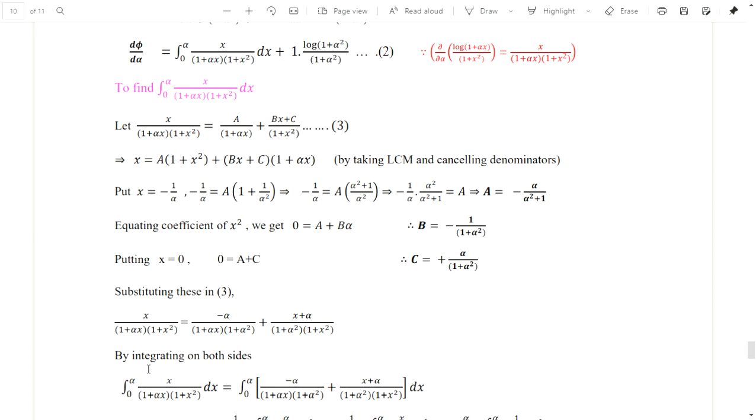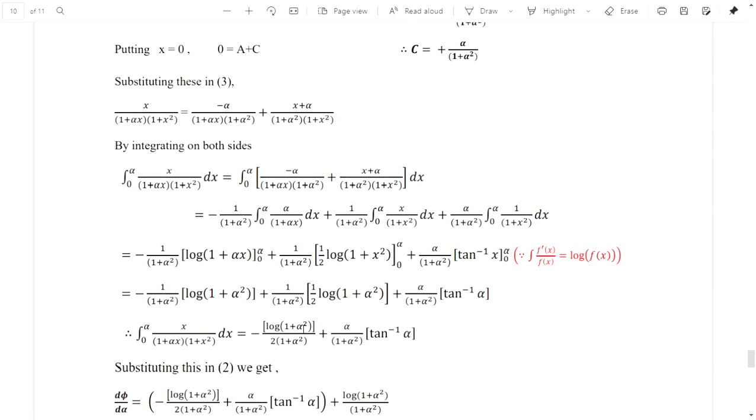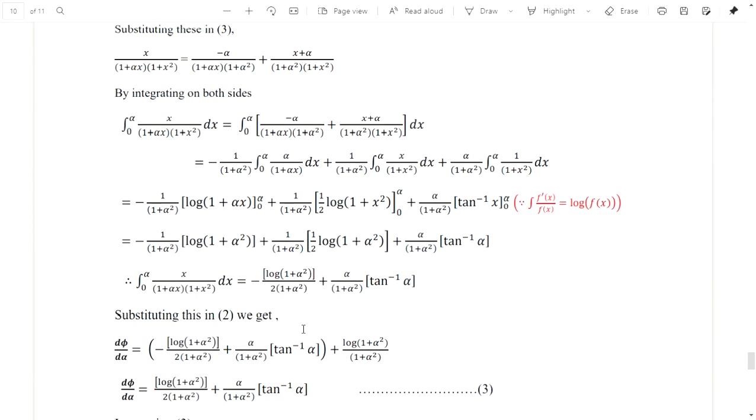So now let us integrate on both the sides, so that the above step becomes integral of x divided by (1 plus alpha x) into (1 plus x squared) dx, from 0 to alpha, of this complete term dx.